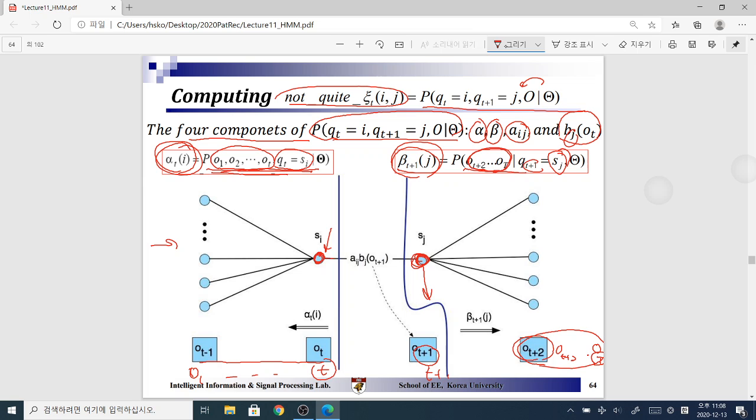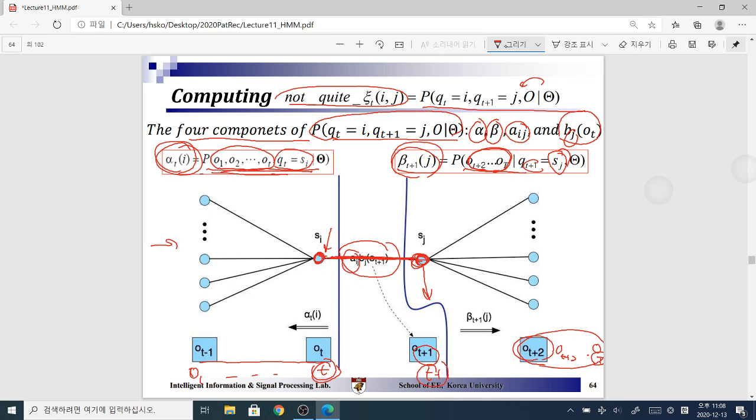And in between state i and state j, where state i is at time t and state j is at time t plus 1, the edge in between would be described as the transition probability between i and j.